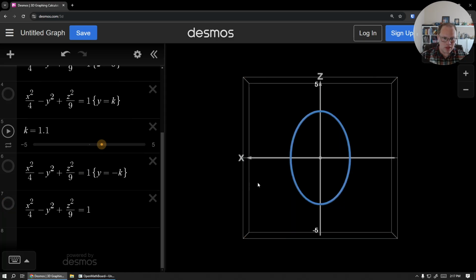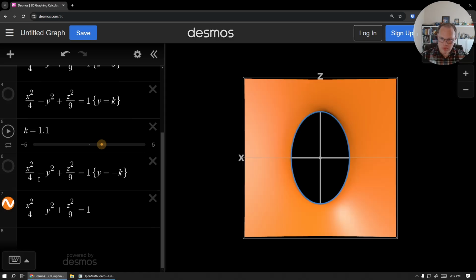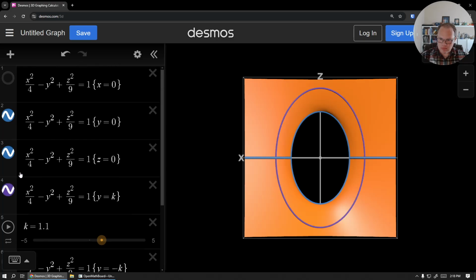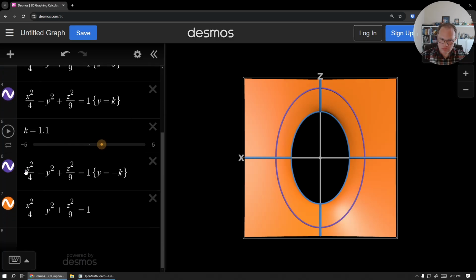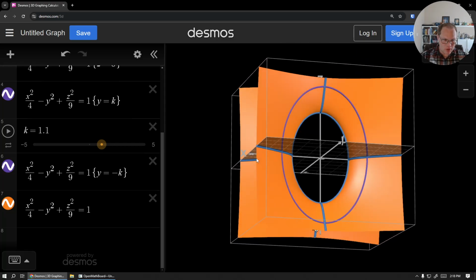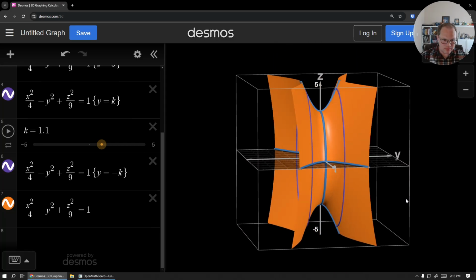So we really do get all those traces. When we put them all together, you could see that we are getting this hyperboloid of one sheet.